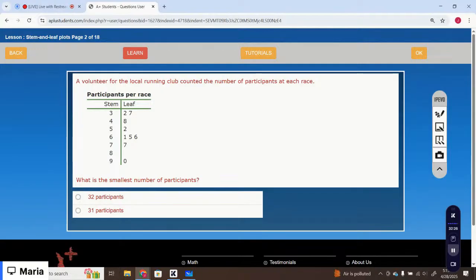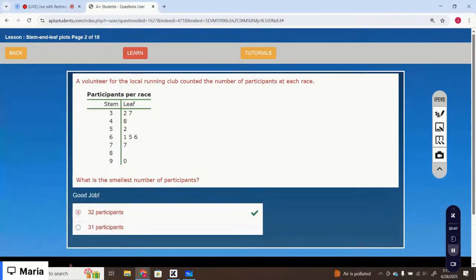The smallest number you can make is 32, with the smallest stem and the smallest leaf. The smallest stem is 3 and the smallest leaf is 2. So that is 32. Option number 1 is the correct option.